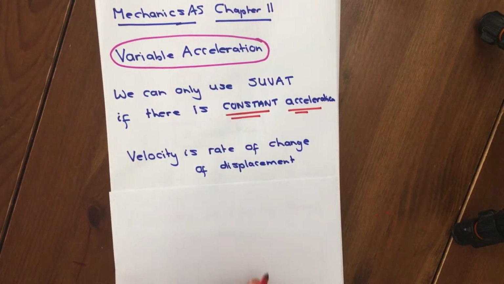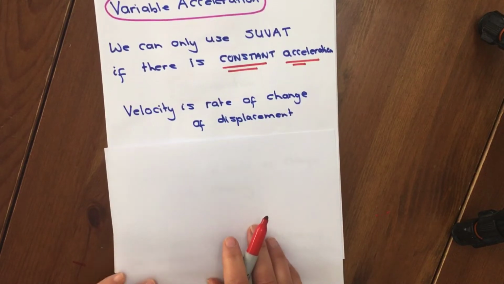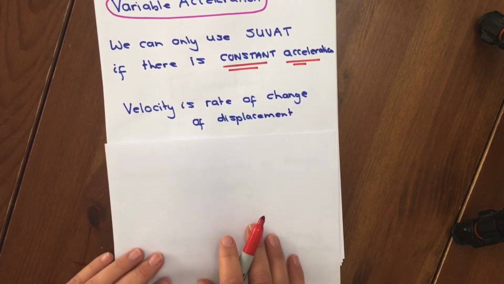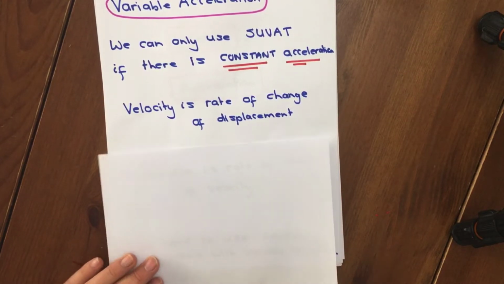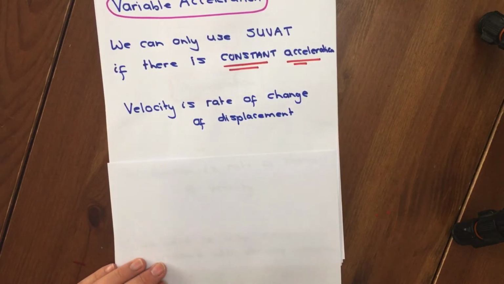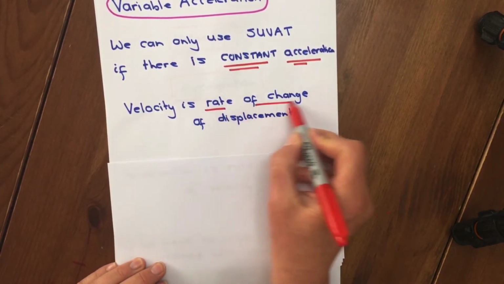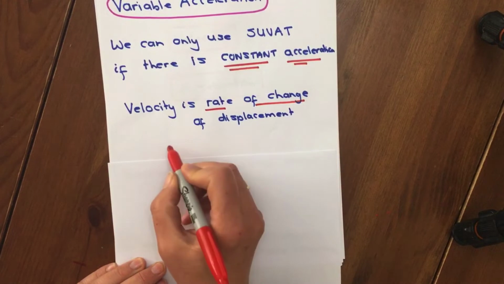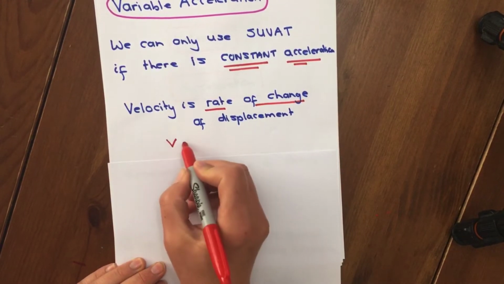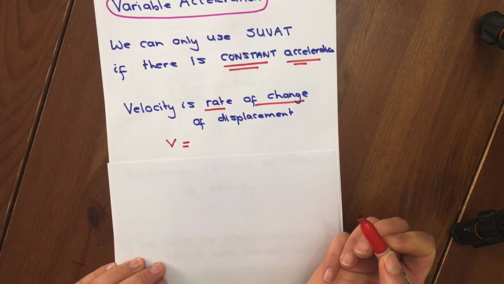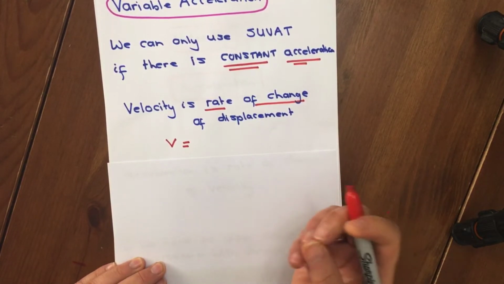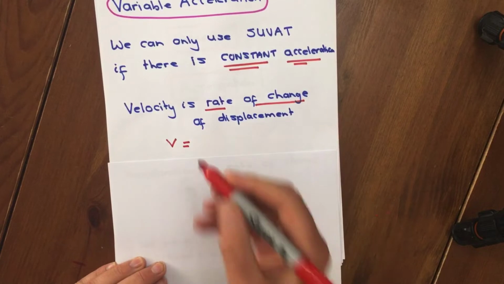Right, well, we know, if you'd like to write this down please, this key point, that velocity is the rate of change of displacement. So how do we write that? If we have V as velocity and S as displacement, how do we write the rate of change of displacement?